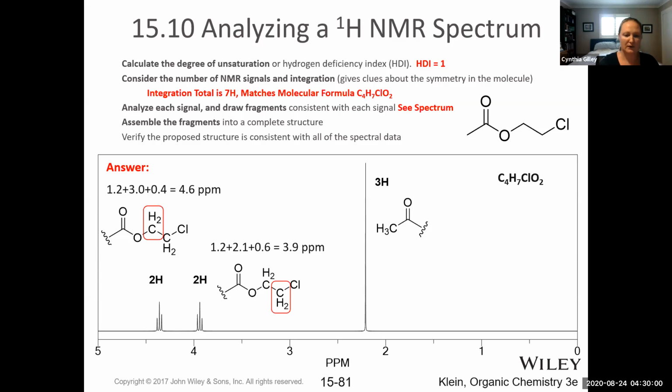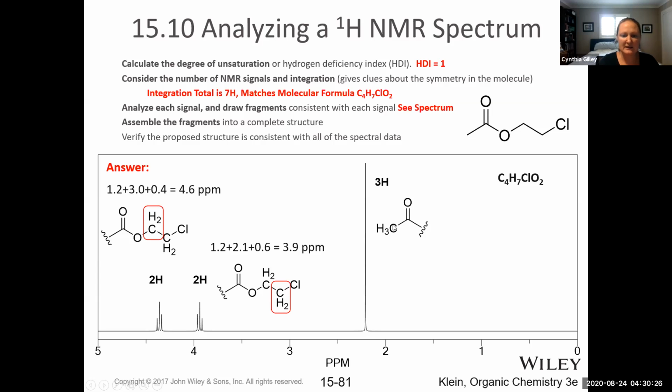So over here, I might look at this signal. I would start with drawing CH3 because it integrates for 3 hydrogens. And then I see it's not split at all, it's a singlet, so it doesn't have any neighbors, good to know. And then what about the chemical shift? At around 2, a little bit higher, maybe 2.2, something like that.